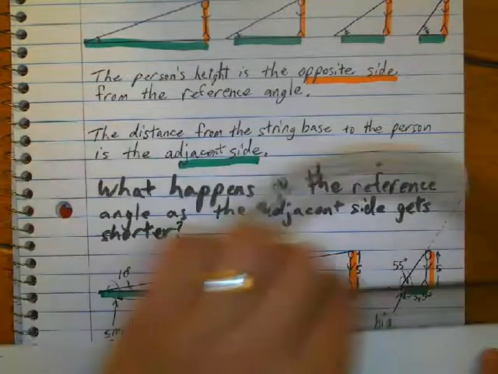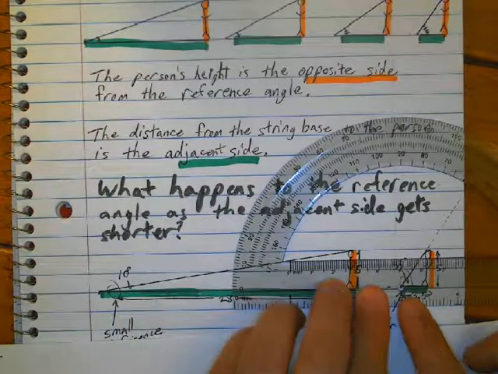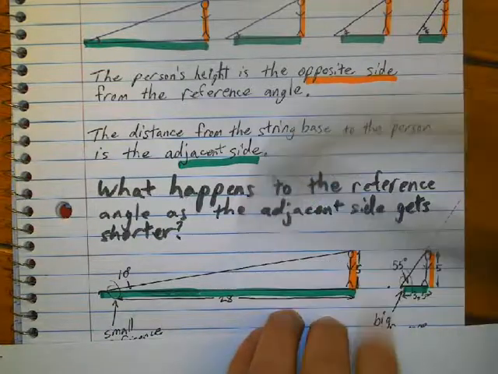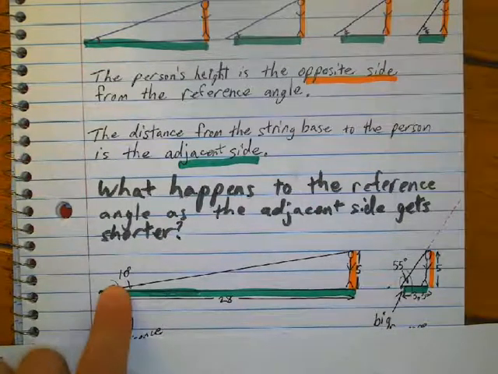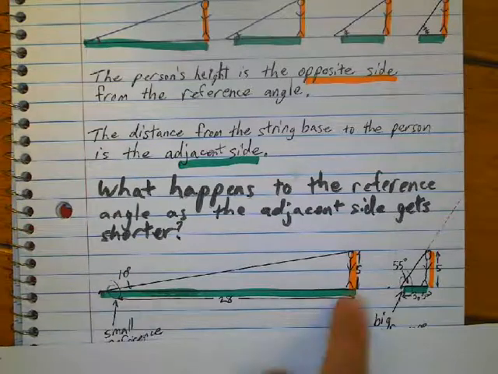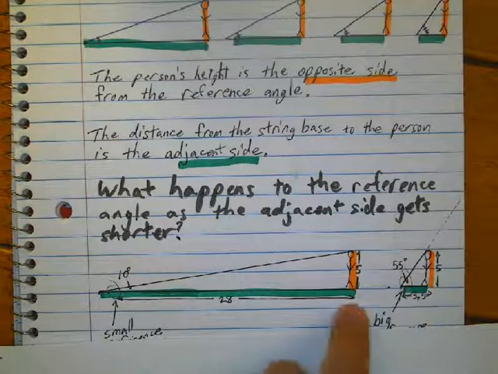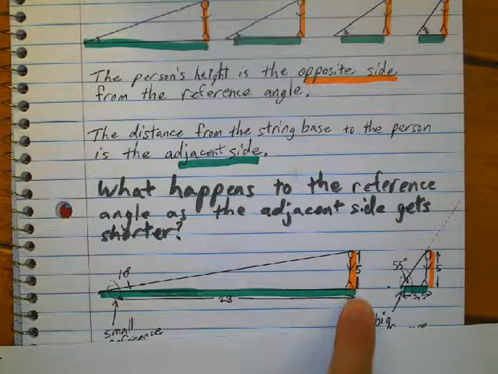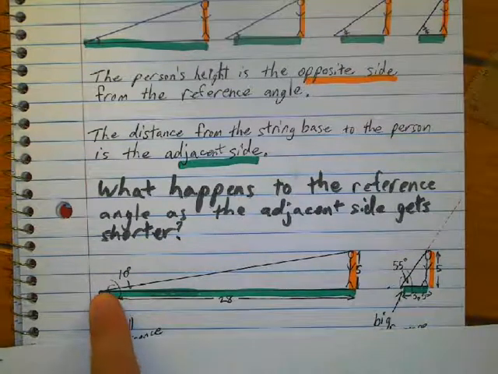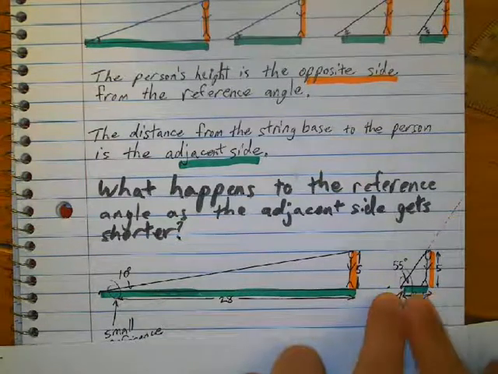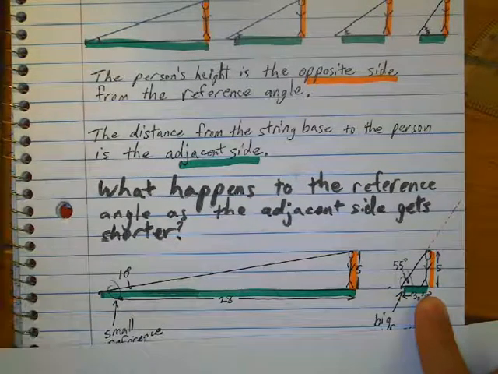And if I put this circle here and I measure the angle, it looks like it's about 55 degrees. Okay, so here we've got a 10-degree angle. We've said this guy is 5 units high, and if it's going to be 10 degrees, if I measure it, I'm going to get 28. If it's going to be 55 degrees, if I measure this, I'm going to get 3.5.